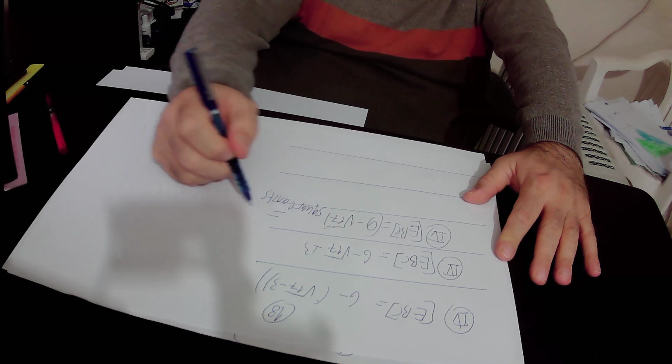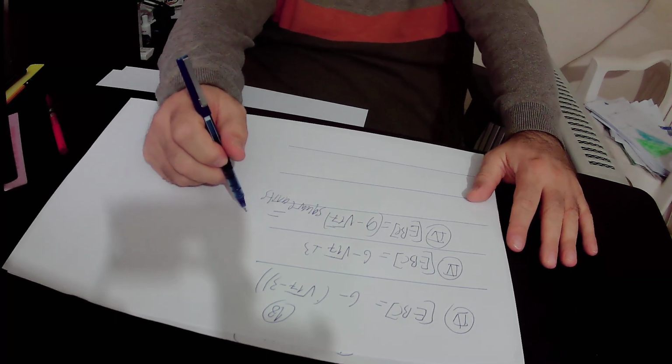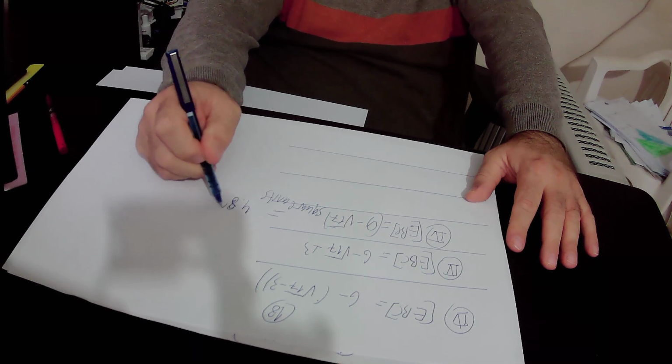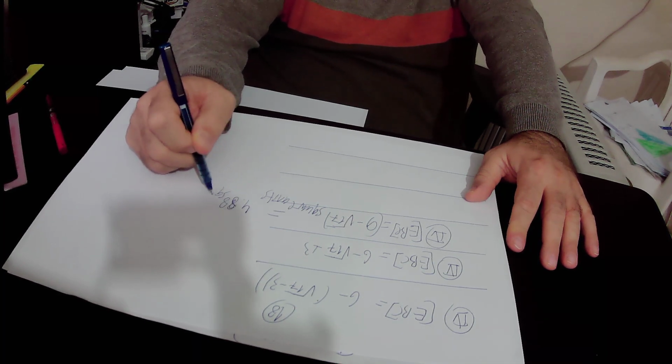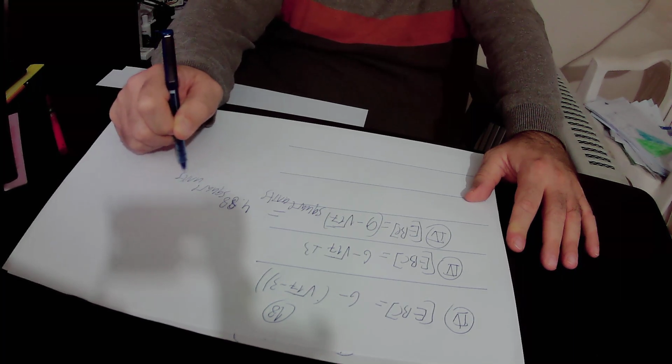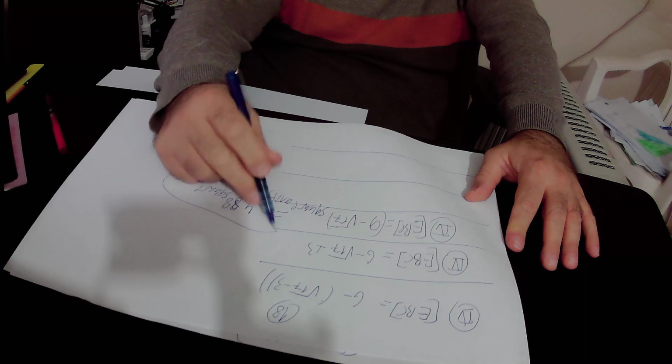Or in terms of numbers, the area of the green right triangle EBC equals 4.88 square units. I will repeat again.